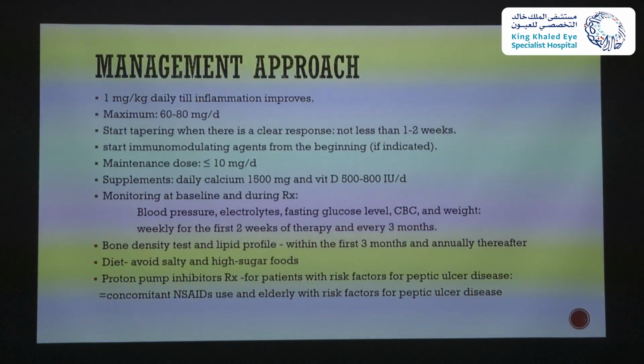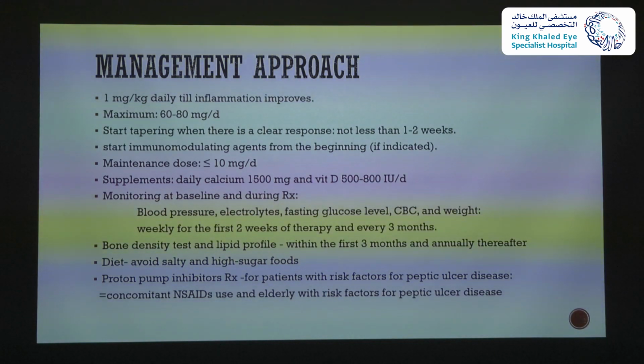We are using prednisolone. We usually start with a dose of 1 milligram per kg daily until inflammation improves. The maximum dose in the literature is recommended not to exceed 80 milligram per day. And we start tapering when there is response, but not less than 1 to 2 weeks.